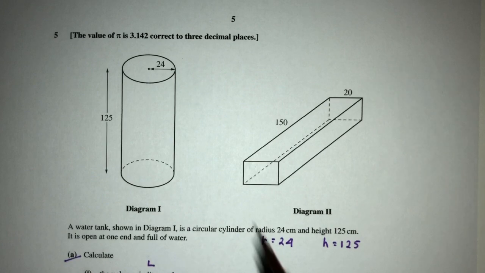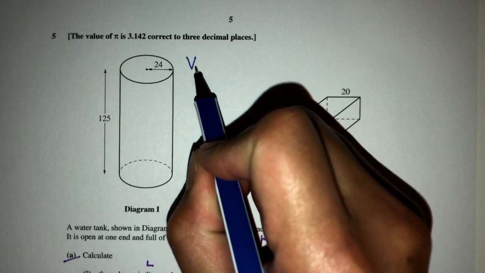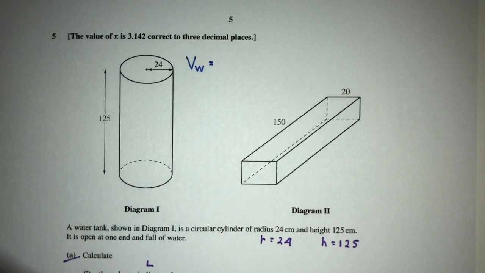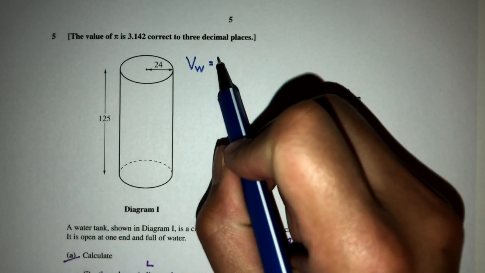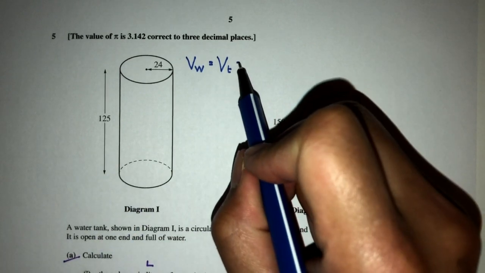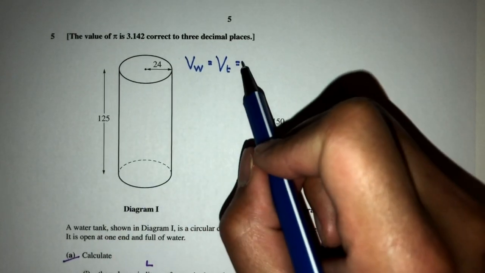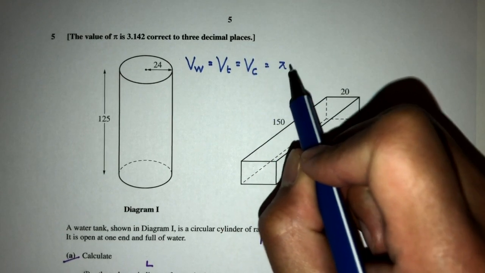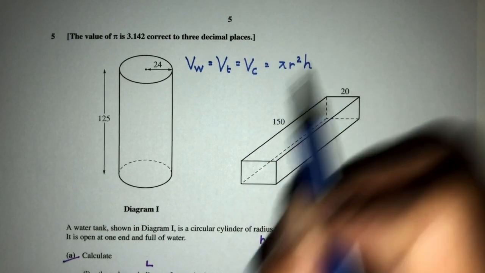To find the volume of water, we realize that because the tank is filled with water, the volume of water is equal to the volume of the tank, if that makes sense. Now, since the tank is a cylinder, it is equal to the volume of a cylinder, which is pi r square h for the formula.